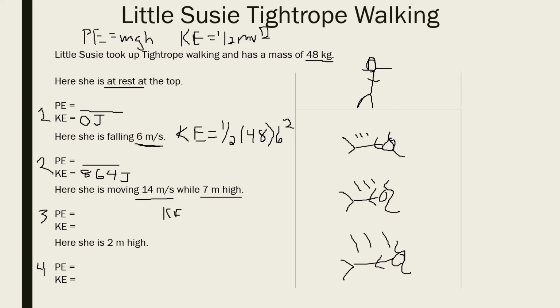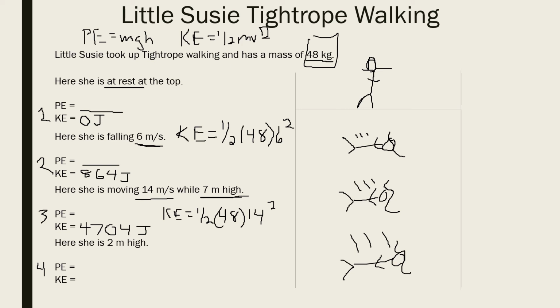So I can do KE equals 1/2 times 48, because her mass never changes, times 14 squared. I'm going to type that in my calculator, and I get 4,704. Huge number, but that's okay.